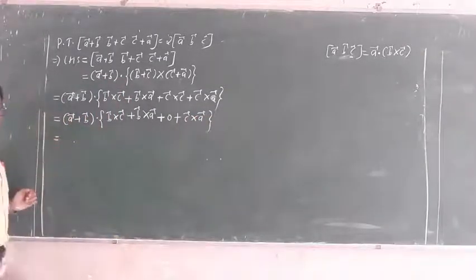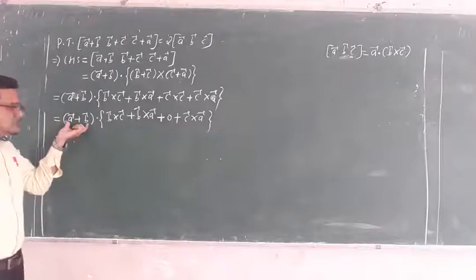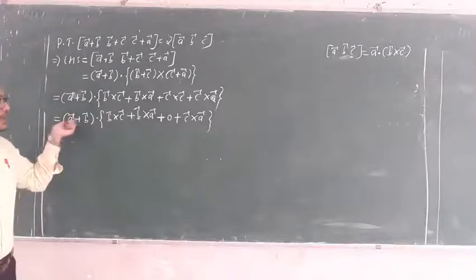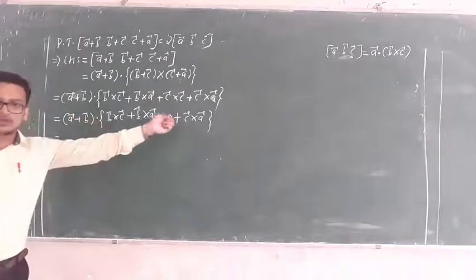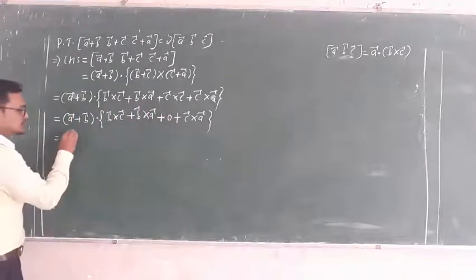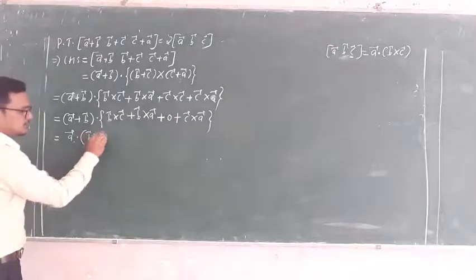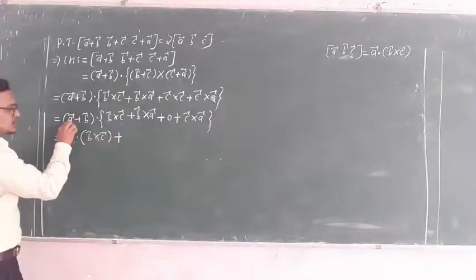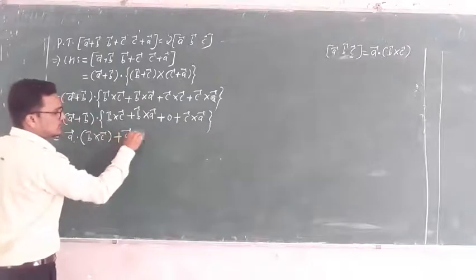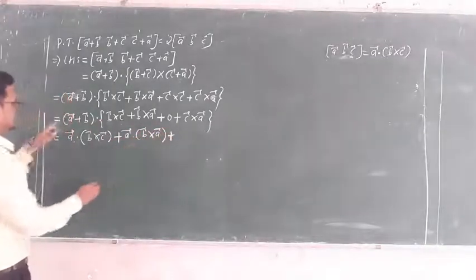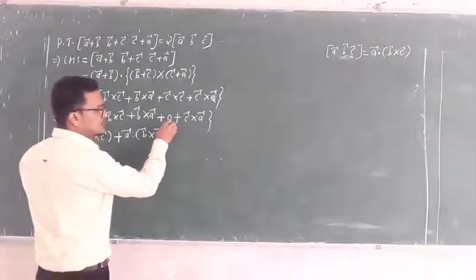which is equal to, now from this A plus B, take the first vector, that is vector A, and take the dot product with all. What will we get now? This is A dot first term B cross C plus next A dot B cross A plus A dot 0 is 0.